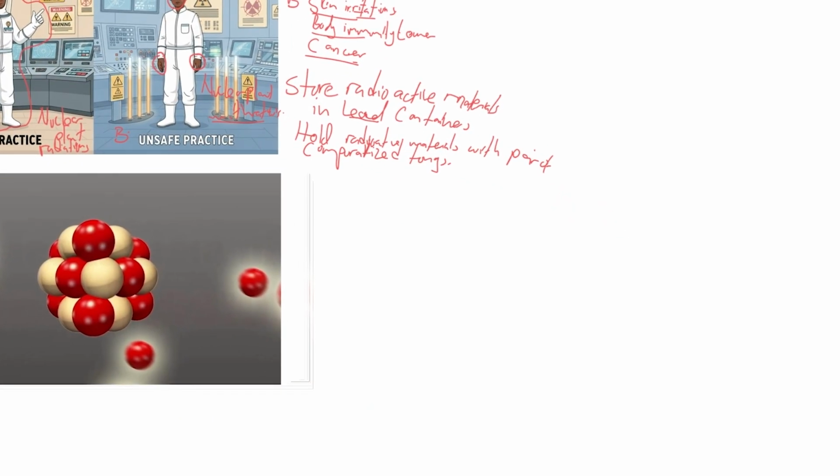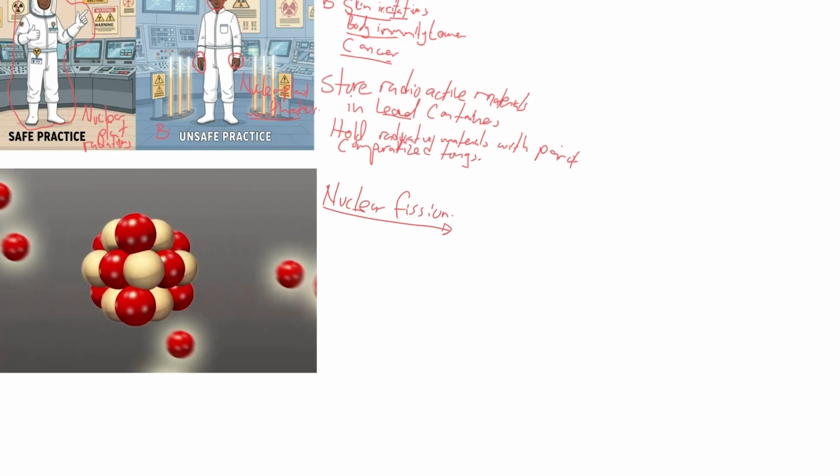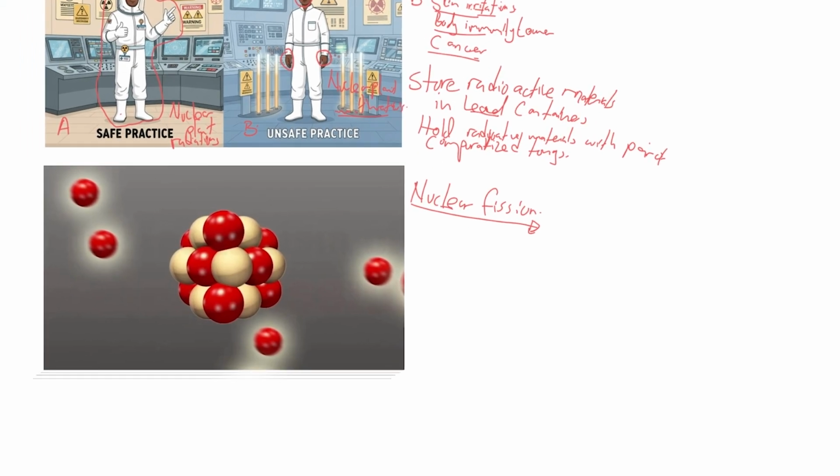We said a nuclear reactor uses what we call nuclear fission. So we're going to explain what nuclear fission is. Now, before we try to go deep, let us first have a look at this.